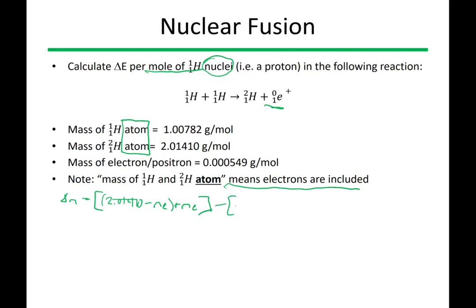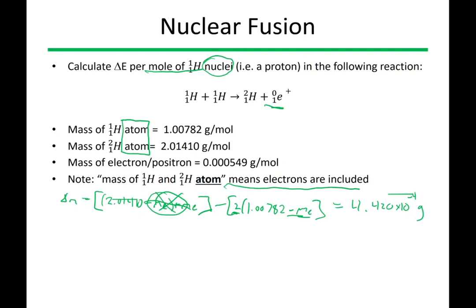And so in this case, we have 2 of these protons, which are going to be a hydrogen minus its electron. So when we plug this all in, we can see that these electron masses will cancel out in the product side, but in the reactant side, we'll end up with 2 times the mass of an electron here. If we plug all of this in, we get about 4.420 times 10 to the negative fourth grams per mole for this reaction.